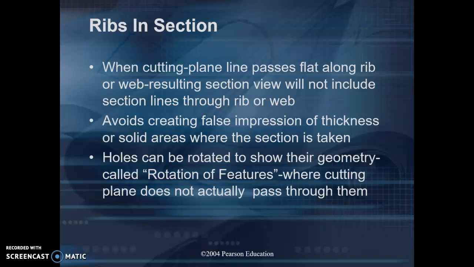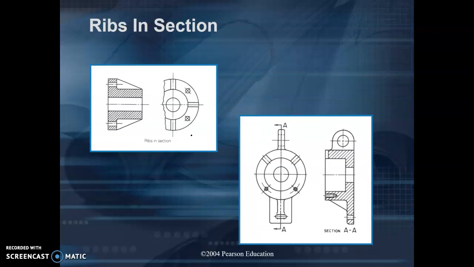Now, this brings us to sort of an odd issue, and that is when we are dealing with a part that has a rib, the ribs are not shown with section lines in the section view. So, for instance, here we have what we call the hub and a flange, and the ribs are these right here.